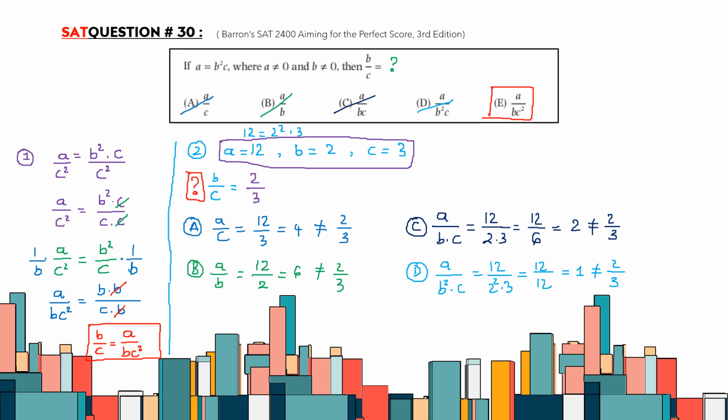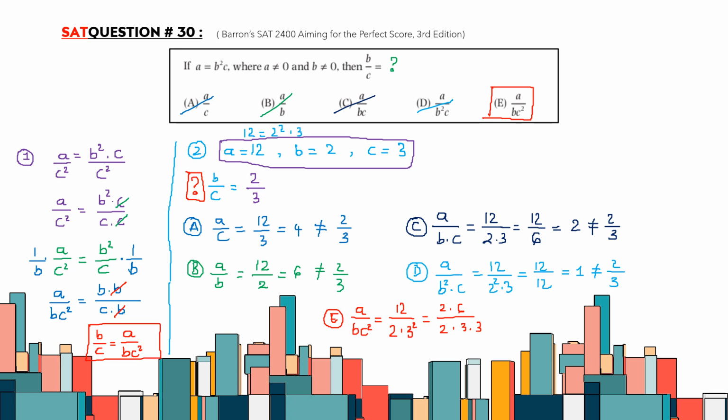But if we check E, we have A over B times C squared. A is 12, B is 2, C is 3 squared. So we have 12 over 2 times 3 times 3. We can also write the denominator as 2 times 3 times 2 again.